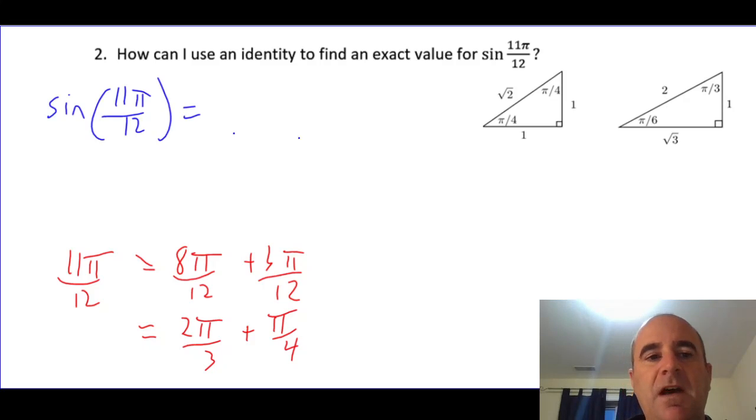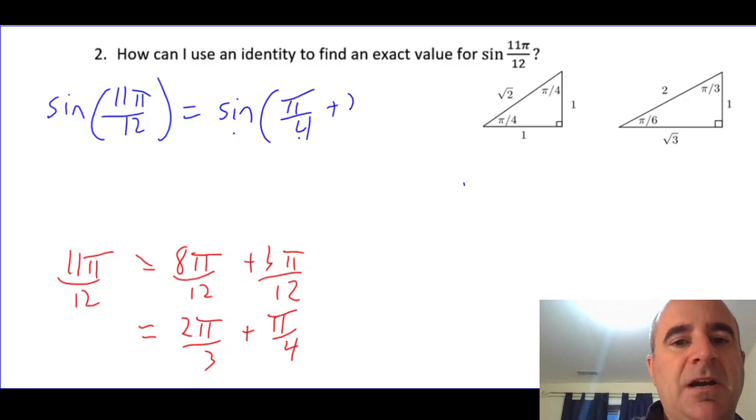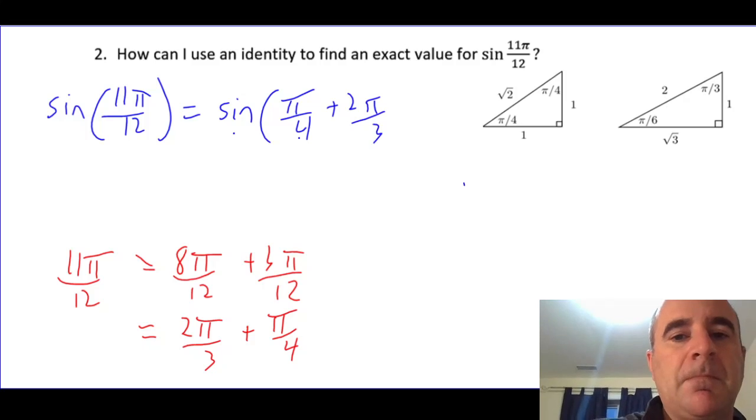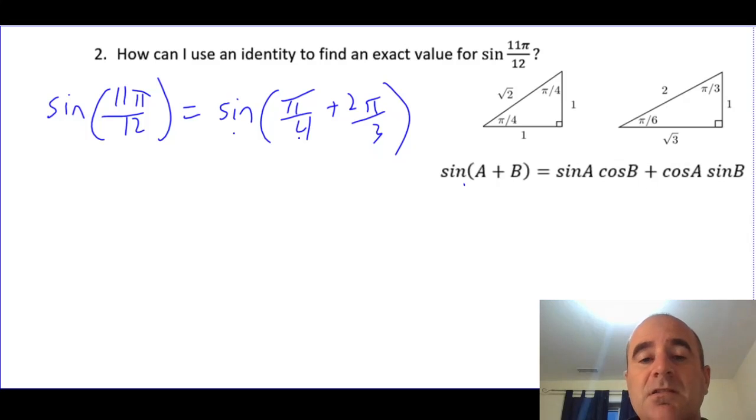So calculating the value of sine 11 pi over 12 is really the same as calculating the value of sine of pi over 4 plus 2 pi over 3. Of course, to do that, I'm going to want to use the addition identity for sine. And there it is. Here my A value is pi over 4 and my B value is 2 pi over 3.